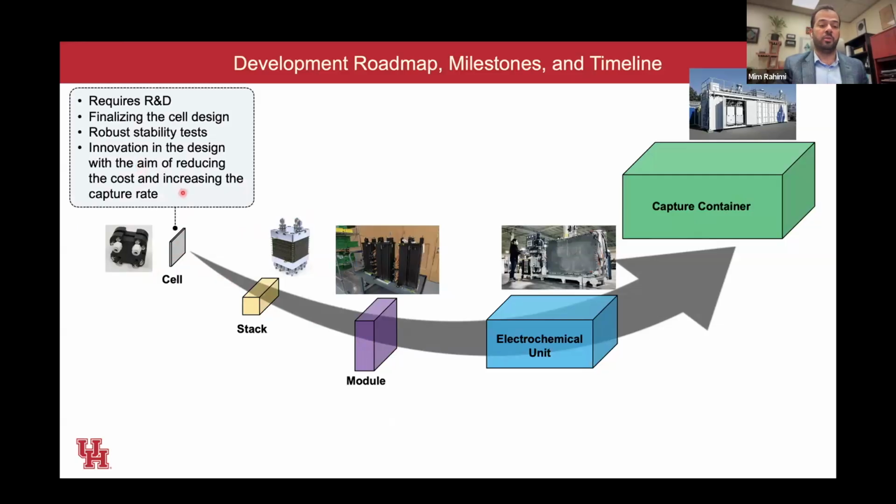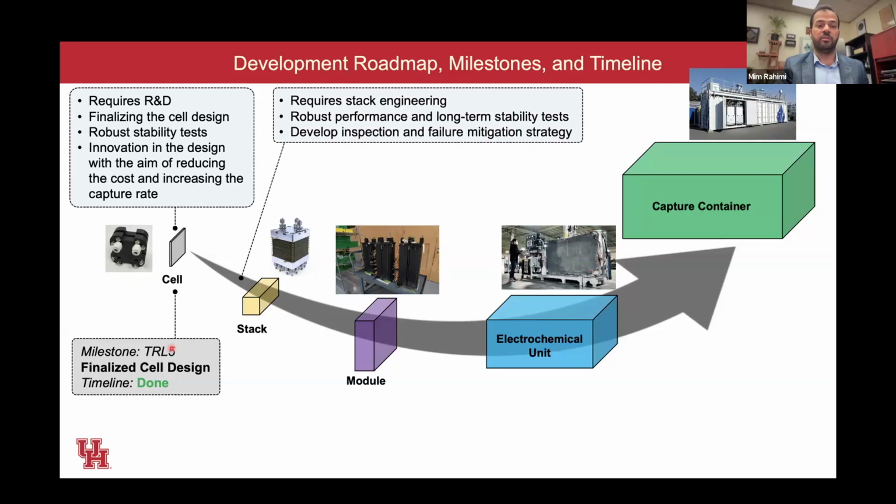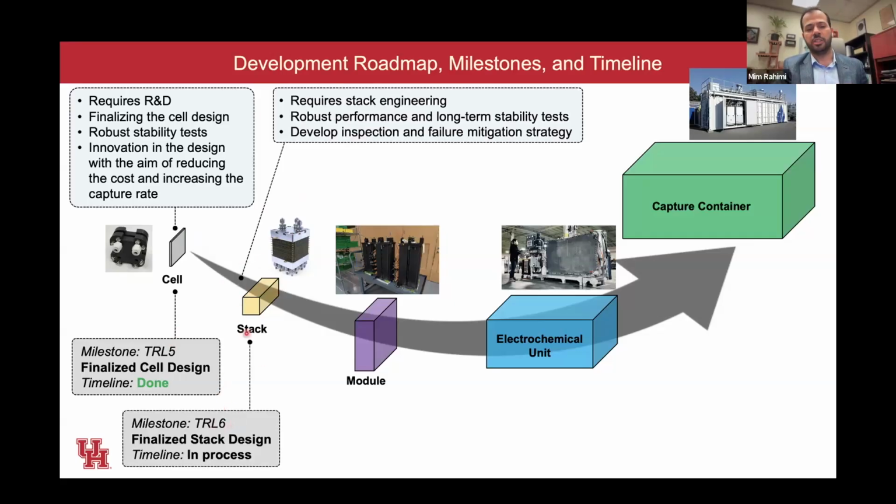Right now, we are done with the R&D part of the cell, which is the heart of R&D for this process, looking at the stability test and also at the impact of different impurities, which brings the TRL for this technology to roughly 5. And now we're doing the stack engineering, designing the stack and doing the long-term stability test, which brings the TRL to roughly 6. We're hoping to finish this by the end of the year.